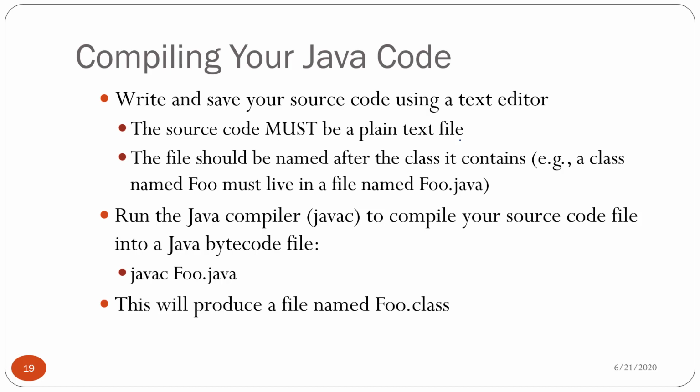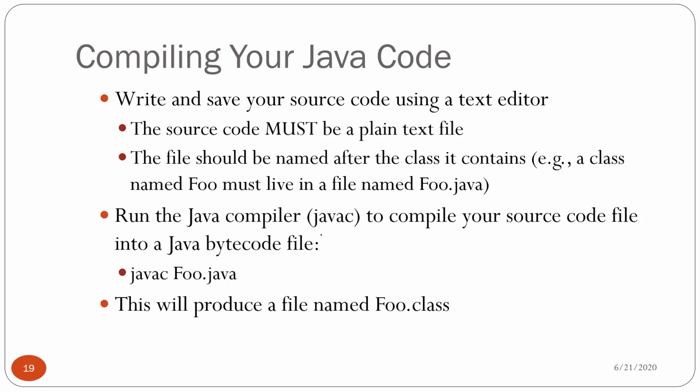Better you write that in a very simple text file. The file should be named after the class it contains. So I call that welcome.java because the name of the class was welcome. If you call it myprogram, then it should be saved as myprogram.java.